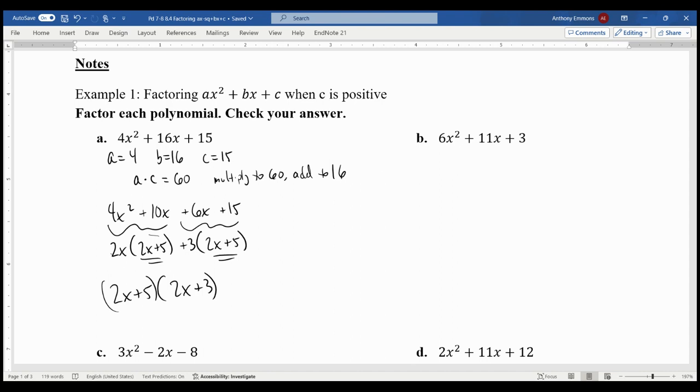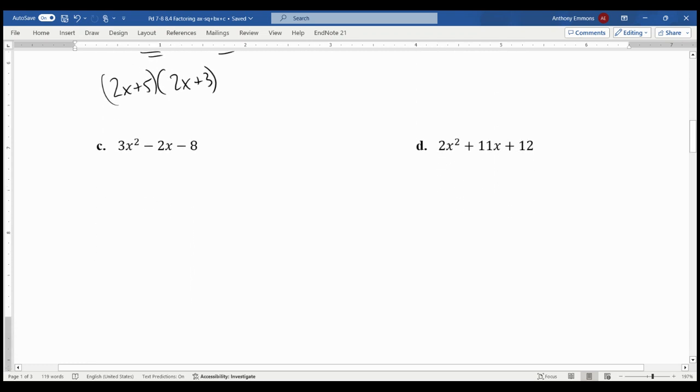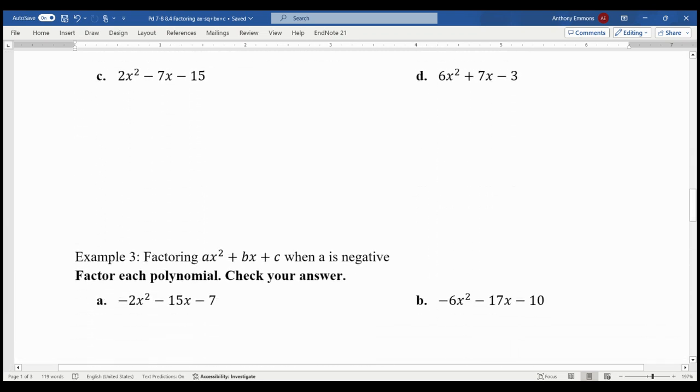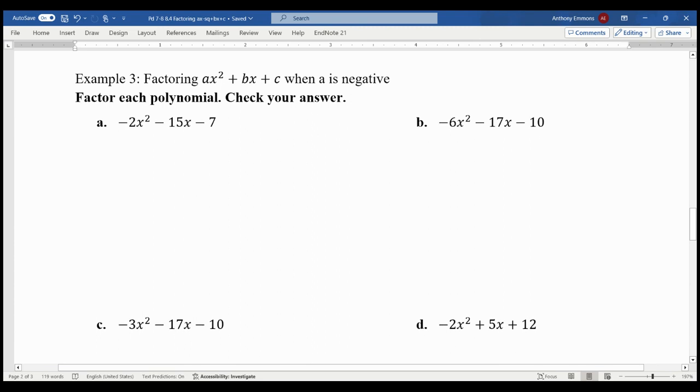If I had to give you one more, I'm going to jump all the way to example 3. These are the ones that are sort of the most different or dissimilar when compared to yesterday's work. The first step here, because A is negative, we want you to factor out a negative 1. Factor out, divide, but you keep that factor out in front. 2x squared plus 15x plus 7.